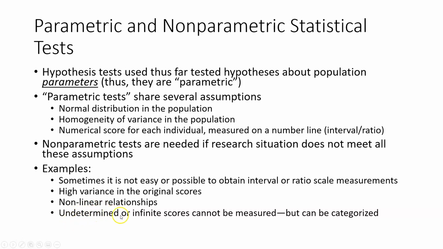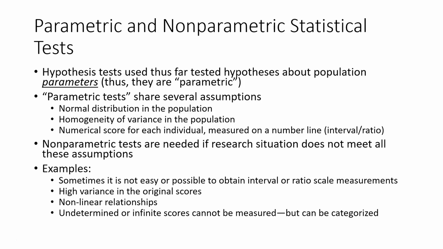If you have undetermined scores or infinite scores that cannot be measured but could be categorized, then you might be able to use a non-parametric test. So for instance, if you have a scale that says, how much money do you earn in a year? And your options are like 0 to 10,000, 10 to 20, 20 to 30, 30 to 40, 40 to 50, 50 to 60, and so on.